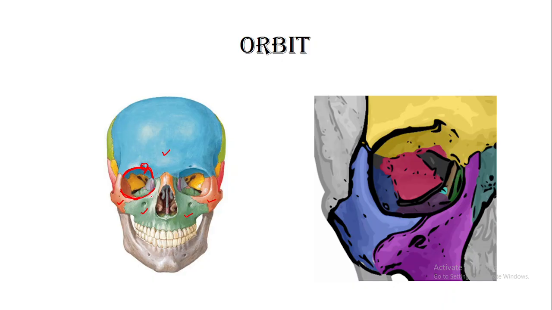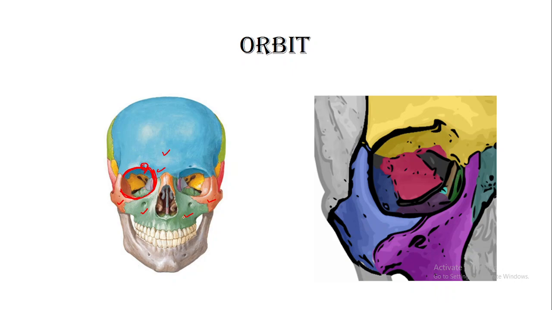Then the medial orbital margin. The medial orbital margin is this whole structure. Above, it is formed by frontal bone. Then below, it is formed by the lacrimal crest of the frontal process of maxilla.